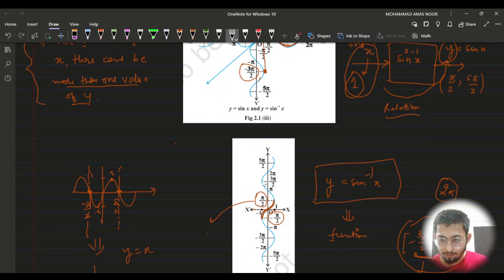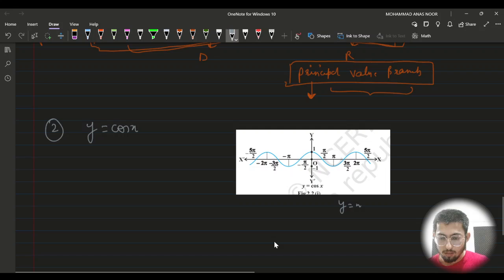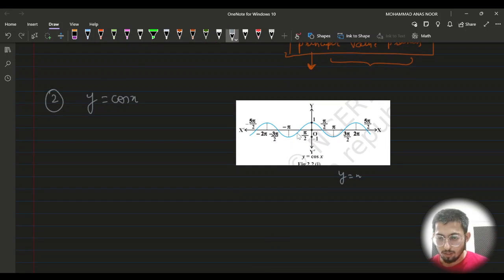Which will again not be a function because that would fail the vertical line test. To make it a function again, we will restrict the domain of this. If we write the function itself, the domain of the original one is real, and what is the range?